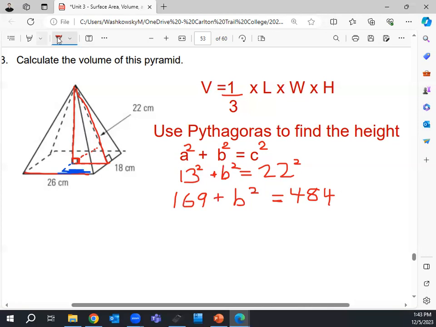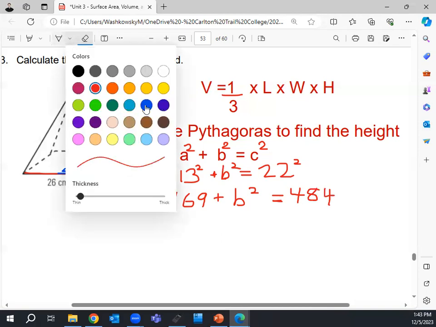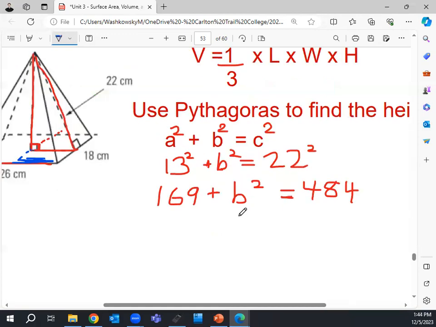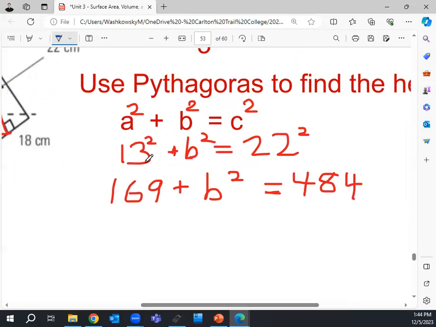So now my ultimate goal here is to get it so that it's going to tell me, hey, the answer is something. That's what I want. The problem is I have two things in the way. Can anyone guess what they are? There are two things I need to get rid of in this equation to figure out just what b is.